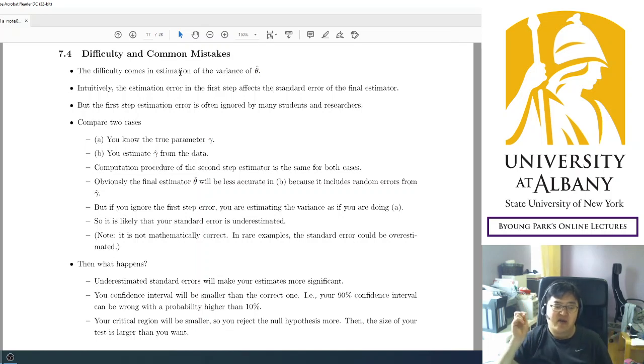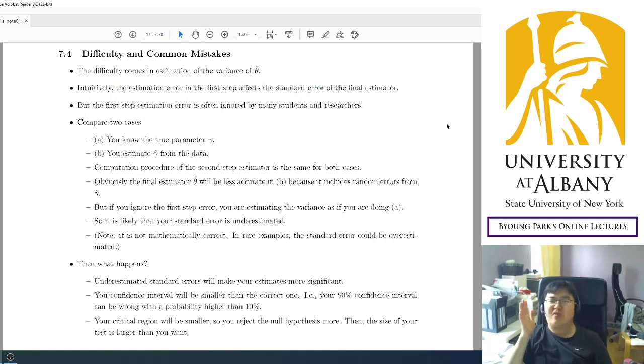You understand? So if you use a perfect estimation method in the second stage, however, if the first stage method is not good enough, then because of the first stage problem, your second stage estimator will have the same problem, even if the second stage was near perfect, right? So that is reflected in the standard error. The first stage estimation error must be reflected in the standard error of the second stage estimator, the final estimator.